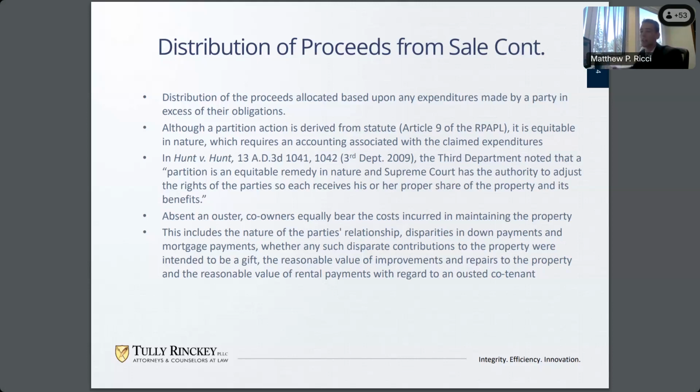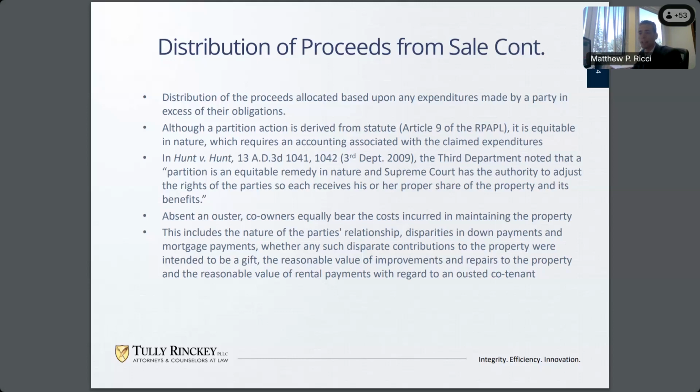In Hunt v. Hunt, it's a 2009 decision out of the Third Department, I thought it did a pretty good job at sort of explaining this whole thing. The court noted that a partition action is an equitable remedy in nature, and the Supreme Court has the authority to adjust the rights of the parties so each receives his or her proper share of the property and its benefits.